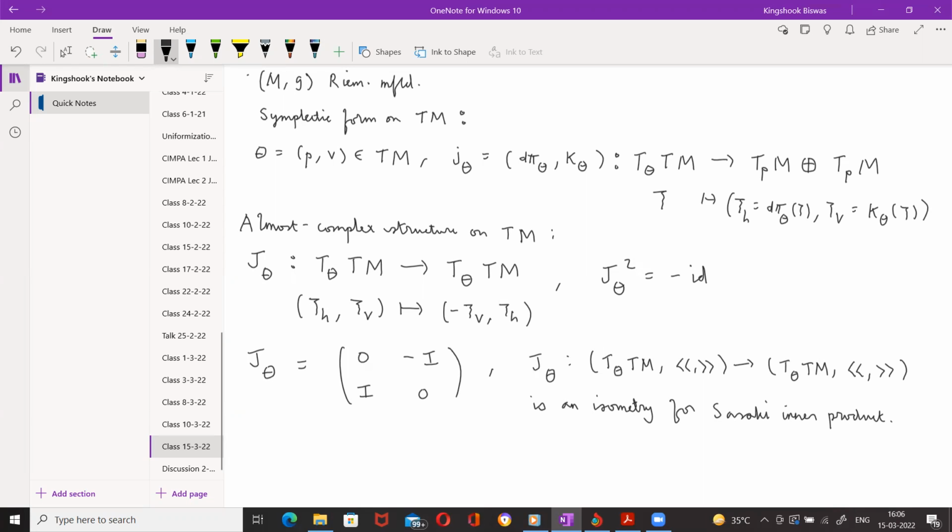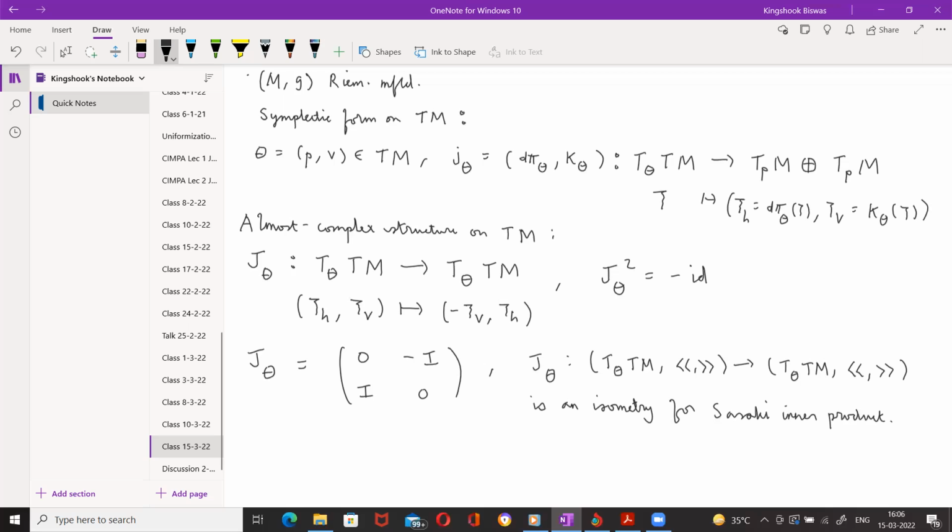Or rather, do I have charts into Cn so that my charts identify the tangent spaces with Cn, right? So the question is, under this identification of the tangent space with Cn using the charts, does the endomorphism J get identified with multiplication by i from Cn to Cn? So the question is, can I find such charts?